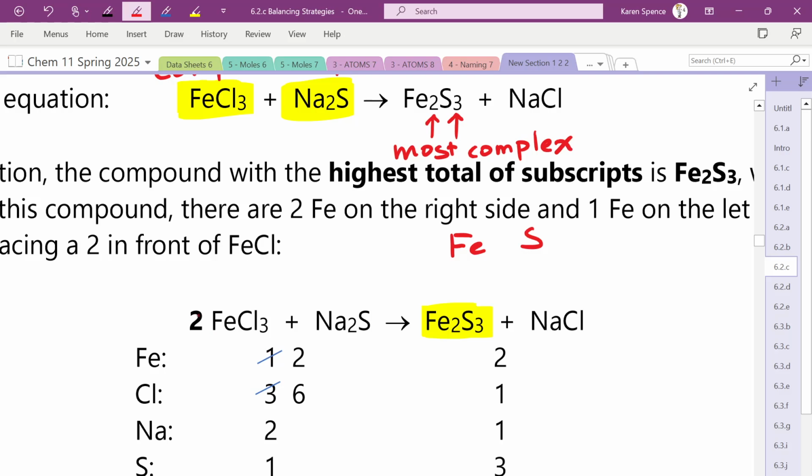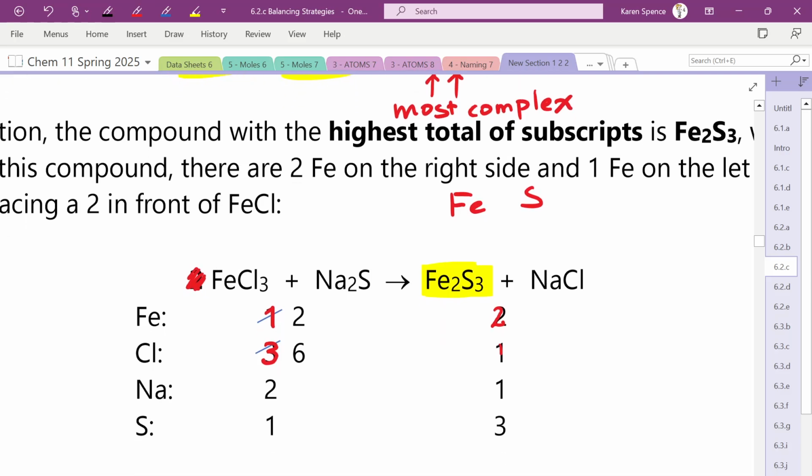If we didn't have this here, we would have had 1 iron and 3 chloride, and then over on the right, we would have had 2 iron and 1 chloride. Sodium is 2 to 1 and sulfur is 1 to 3.